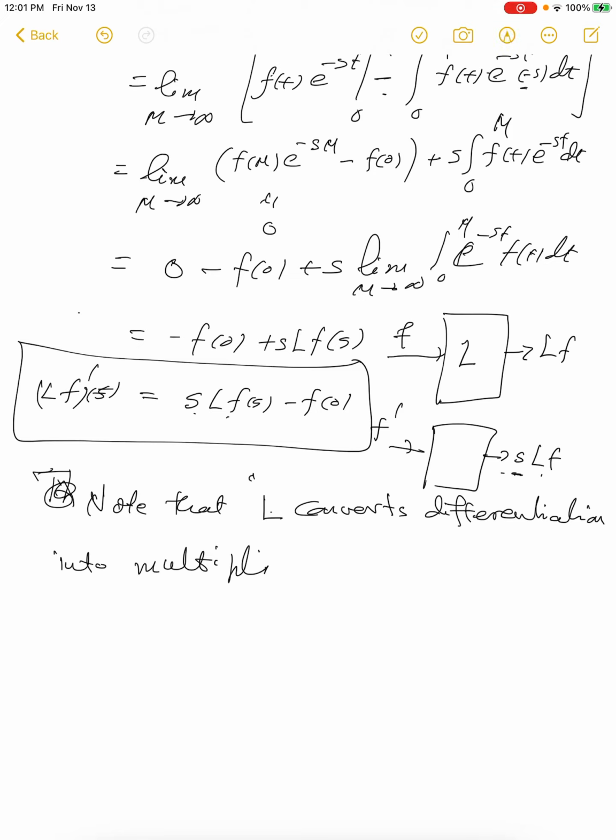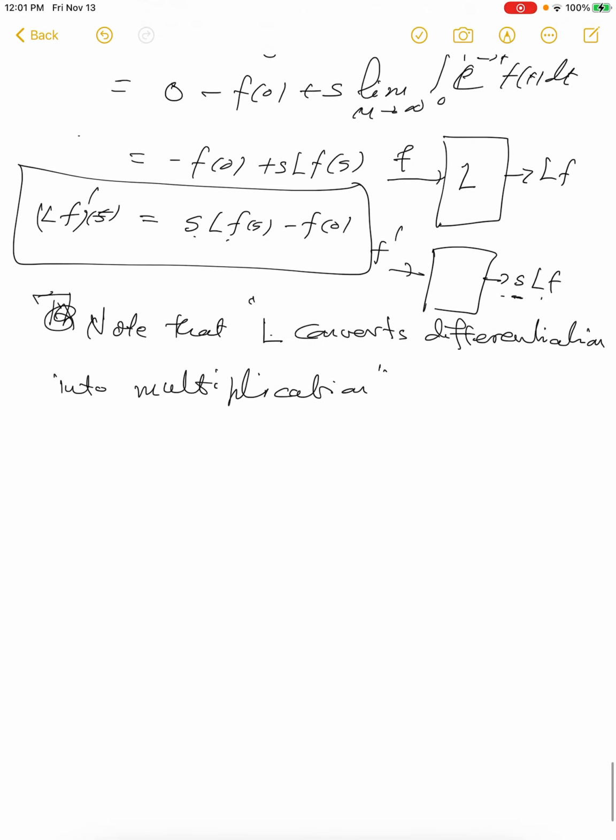What it means is, if I take f prime and pass it through this box, what comes out is s times L f, and a constant minus a constant. In that sense, it converts into multiplication. So this is a very useful formula, and we are going to use this later on to solve differential equations.